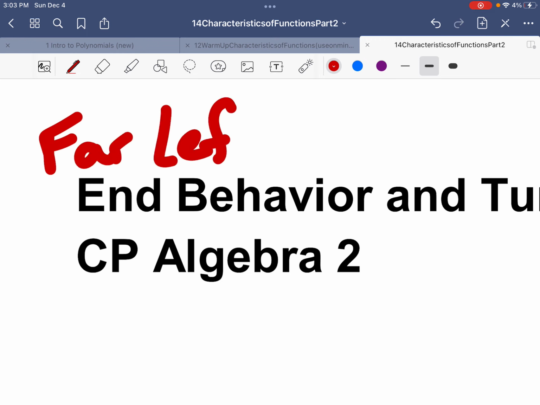I feel like we should have you fill in the words leading coefficient somewhere here too. So let's see if we can fix this up a little bit. The leading coefficient, that is the number in front of your highest exponent, is going to have everything to do with what's happening to the right.